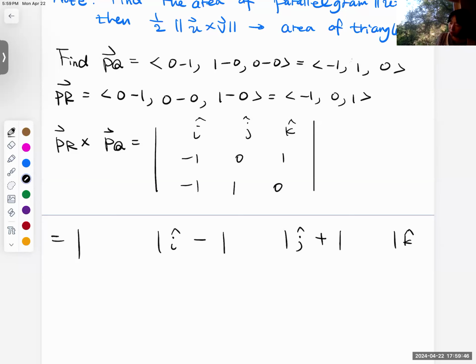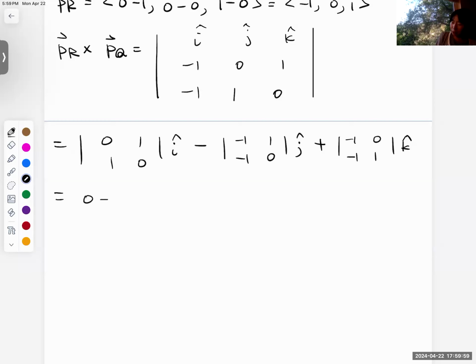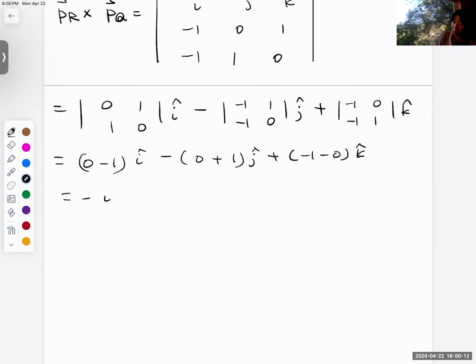So i is 0 times 0 minus 1 times 1, j is -1 times 0 minus 1 times -1, and k is -1 times 1 minus 0 times -1. So we get 0 minus 1 for i, minus 0 plus 1 for j, and -1 minus 0 for k. So we get -i minus j minus k.